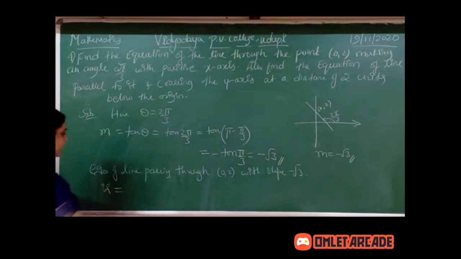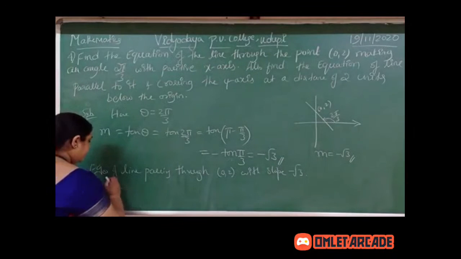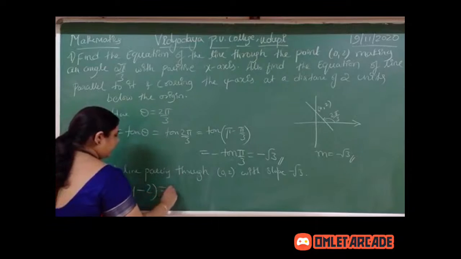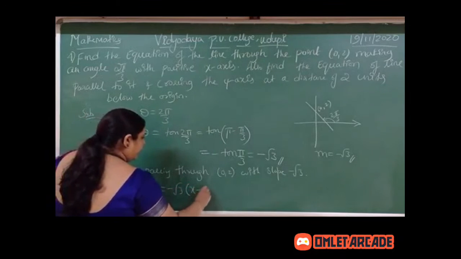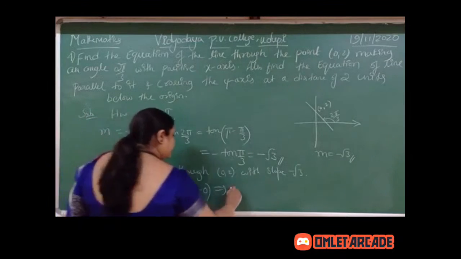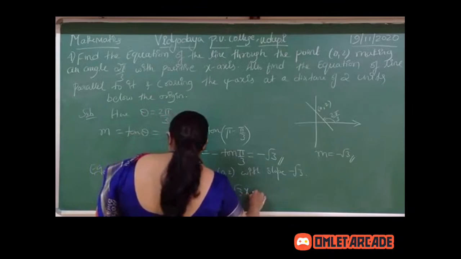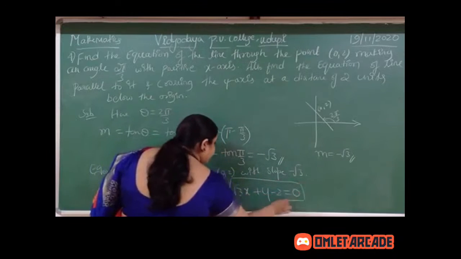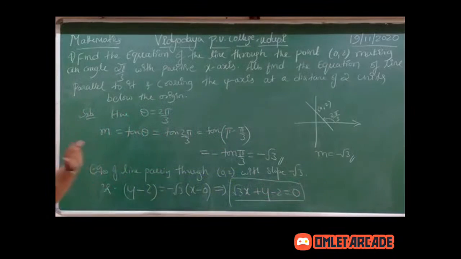I am not writing the formula, let me substitute directly. y minus y naught, which is 2 here, m is minus root 3, x minus 0. So it is root 3 x plus y minus 2 is equal to 0. This is the equation of the line for the first part.